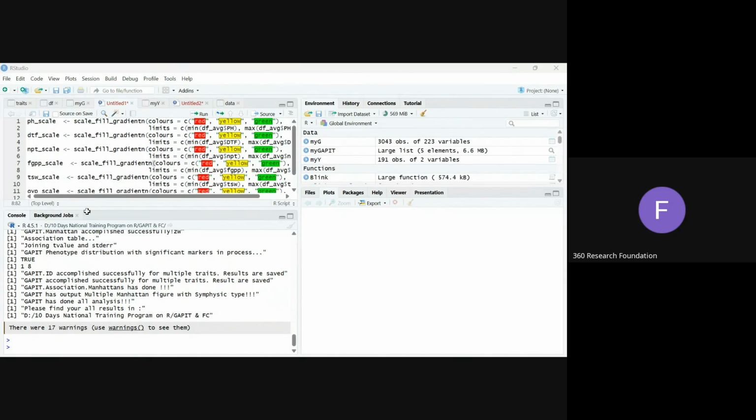So now in our file we have 3042. So how will those two criteria work, probability and false discovery rate, and give us significant SNPs?